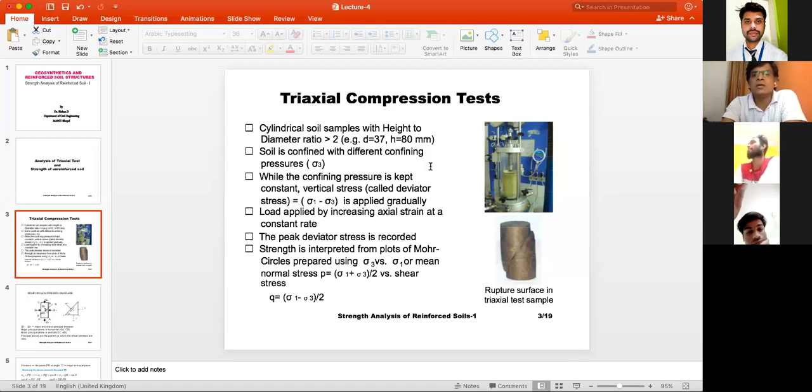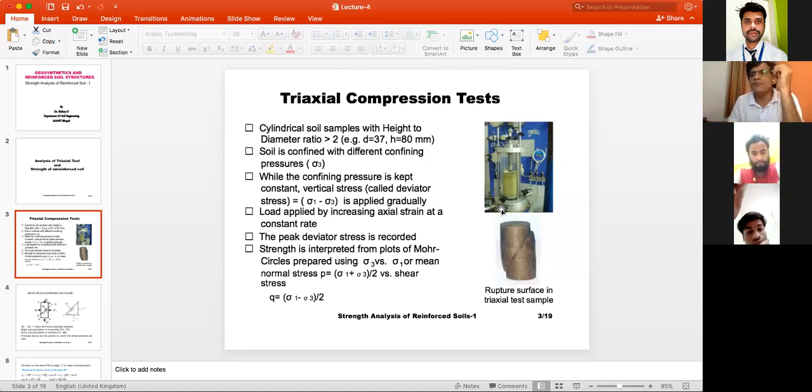So to resemble the field condition, when you load the sample in the chamber, we apply the confining pressure sigma 3. Through the valve on this side, we fill water at a certain pressure. This water holds the sample tightly such that it resembles the confining pressure of the soil.